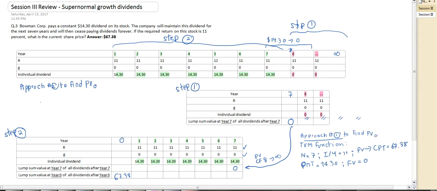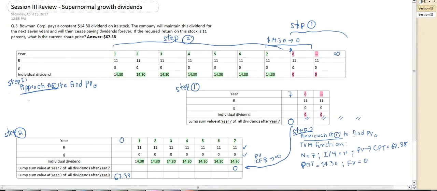So either approach 1 or 2 is part of step 2.